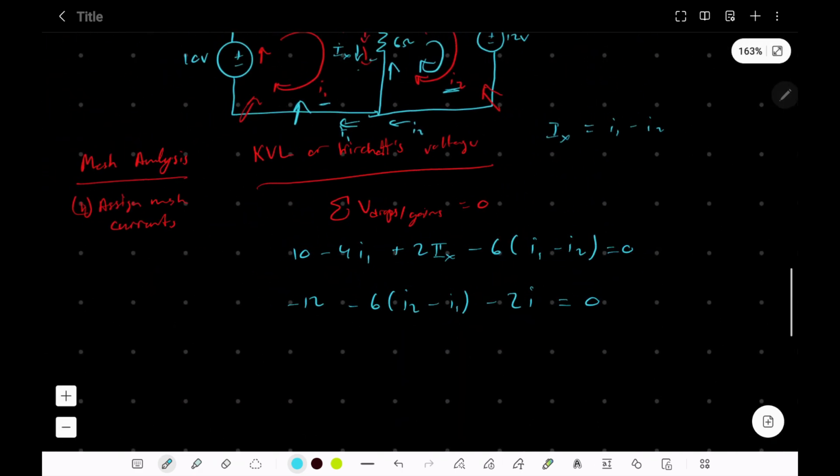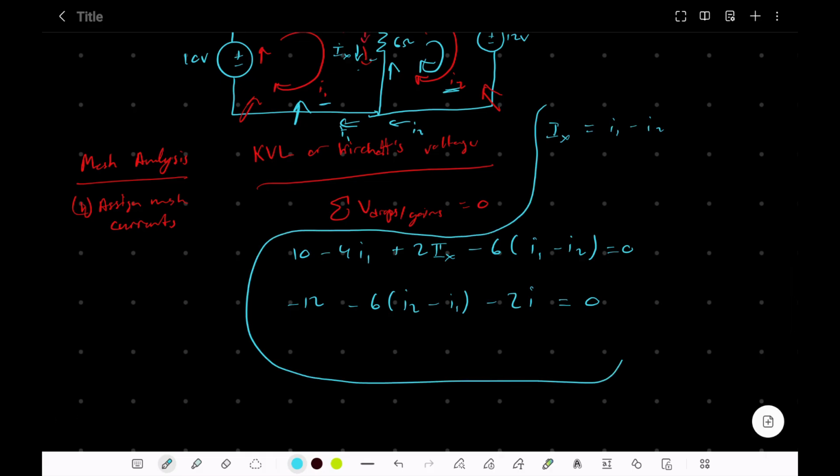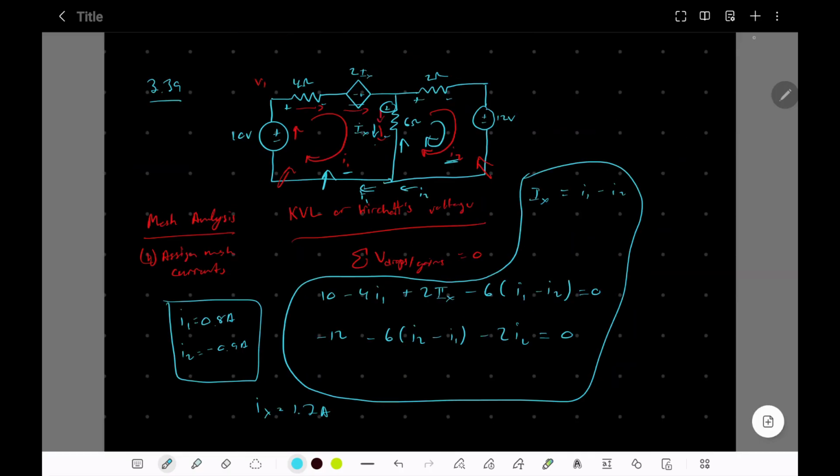Now we have 3 equations and 3 unknowns. We can just plug this into the graphing calculator and get our equations solved. Alright, after plugging it into the solving calculator, we got I1 is 0.8 amps, I2 is equal to negative 0.9 amps, and Ix is equal to 1.7 amps.